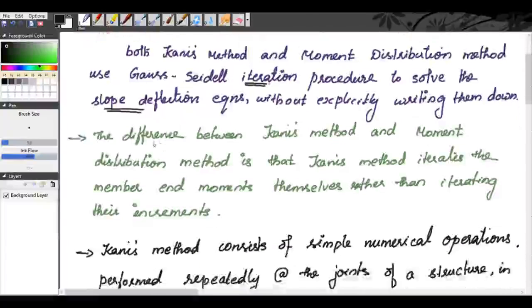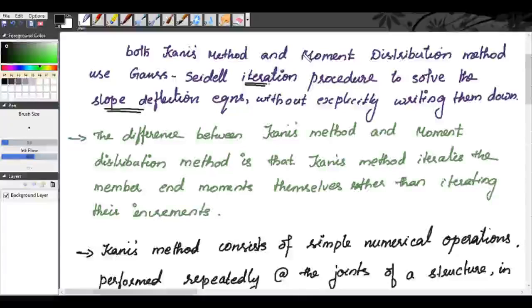Now, the difference between Kani's method and the moment distribution method is that Kani's method iterates the member end moments themselves rather than iterating their increments. See, you remember the moment distribution method. What did we do? In iteration 1, we iterate the fixed end moments with the help of distribution factors.